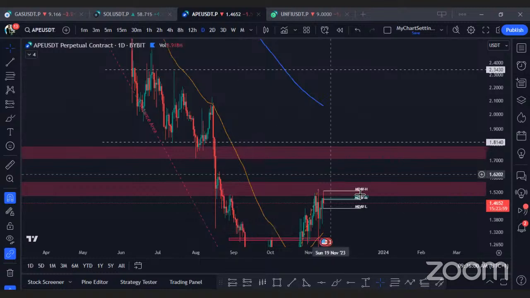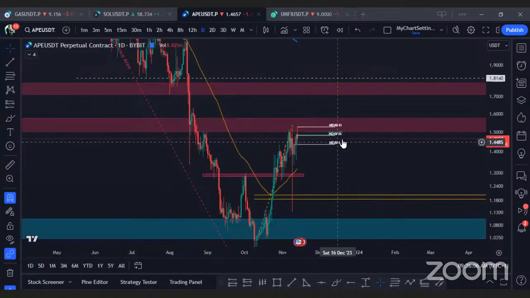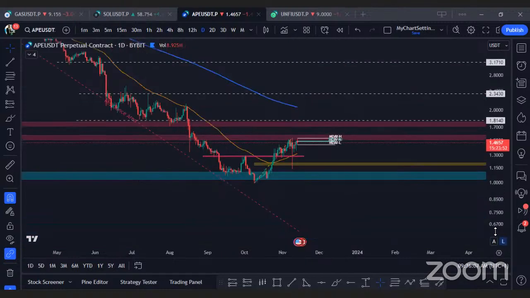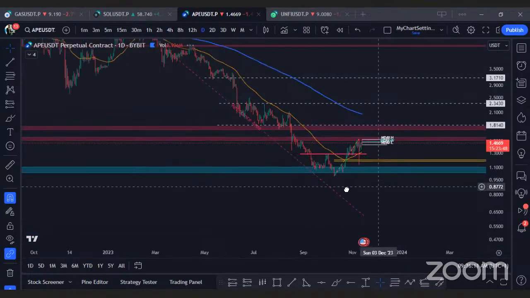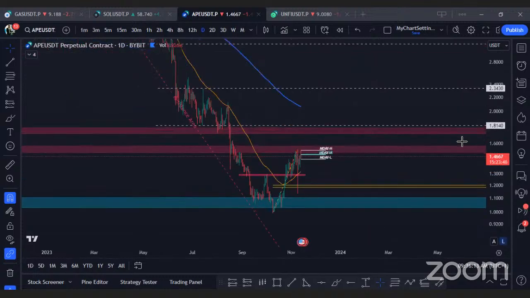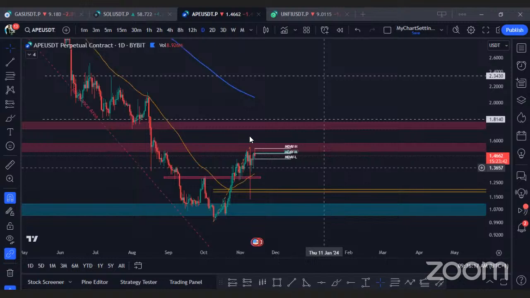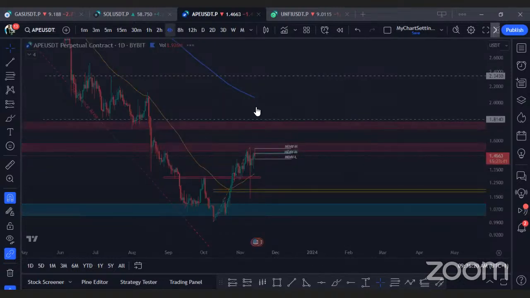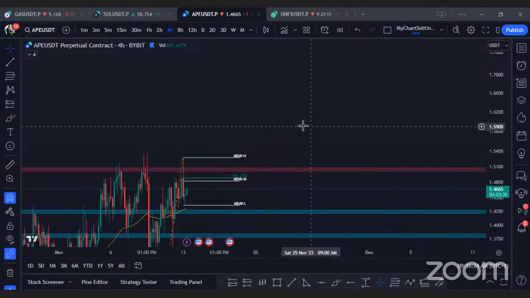Gradually, since we broke out of this area, we've been going up, but we do have a resistance here, right? We do have that resistance level there. So basically, what we wait for with APE, if you must trade APE, is a pullback and take a trade to the upside. Wait for a pullback or wait for this to break above this level here.